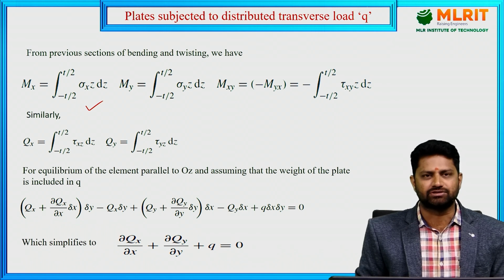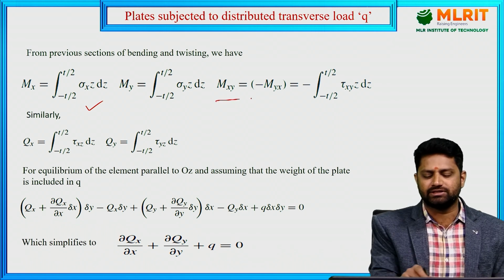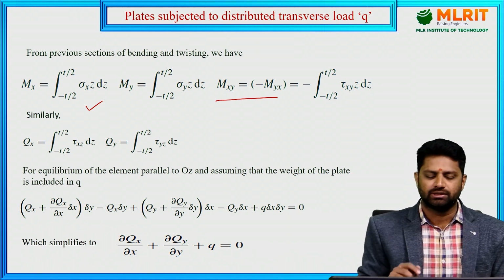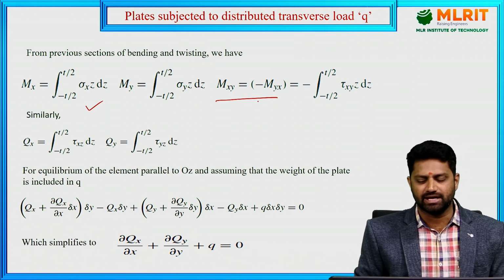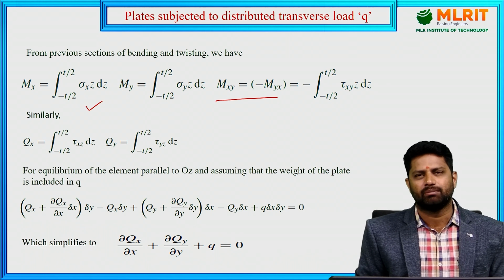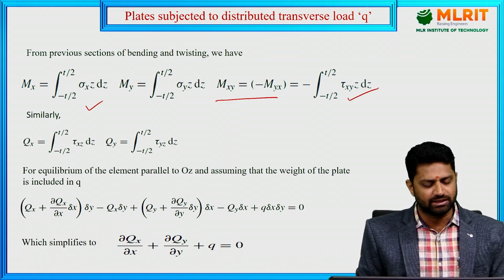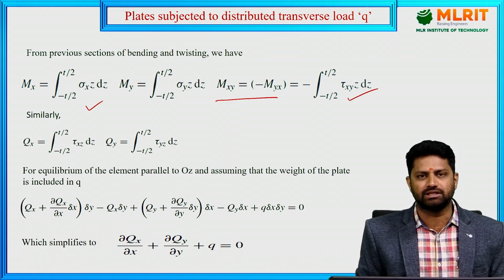And mxy is equal to minus myx, because of the complementary nature of shear stresses, that is, the shear stresses are equal in magnitude but opposite in direction. So mxy equals minus myx, that is, the integral from minus t by 2 to plus t by 2 of tau xy into z into dz. These are the expressions we have seen in the previous sessions.